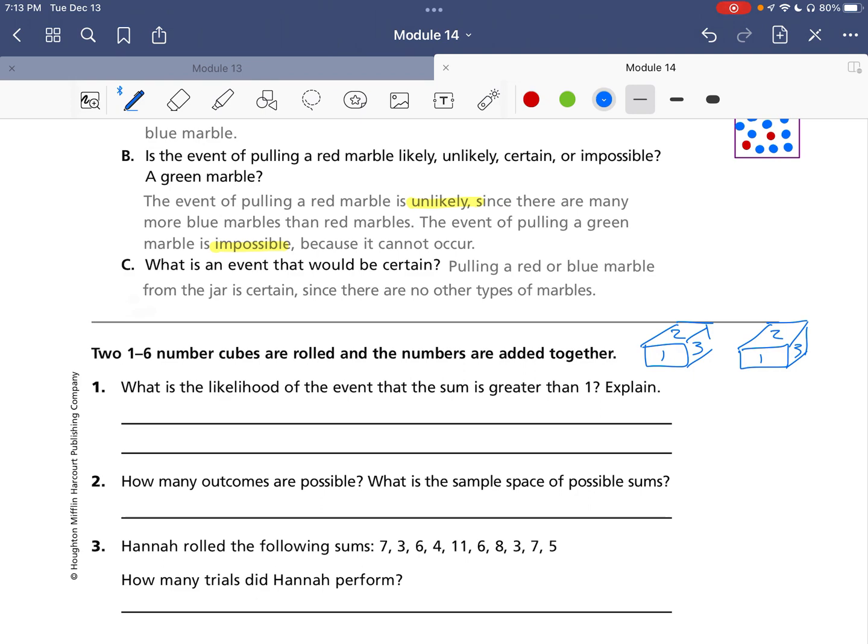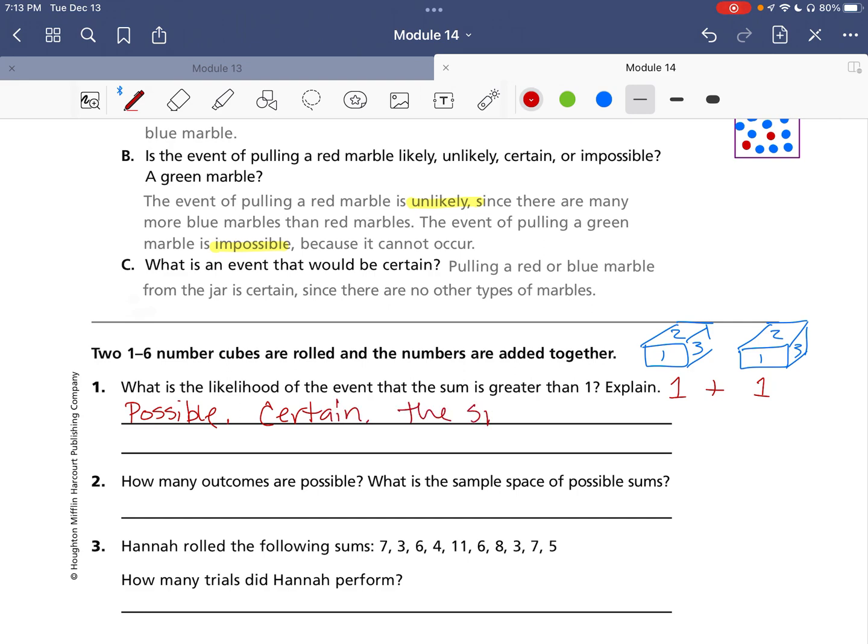So what is the likelihood of the event that the sum is greater than 1? Now thinking kind of worst case scenario, even the lowest possible answer would be 1 plus 1, right? So it is certain.